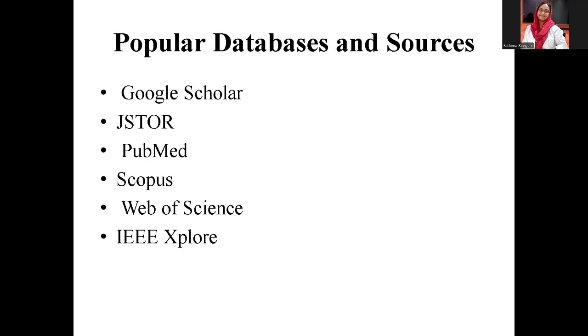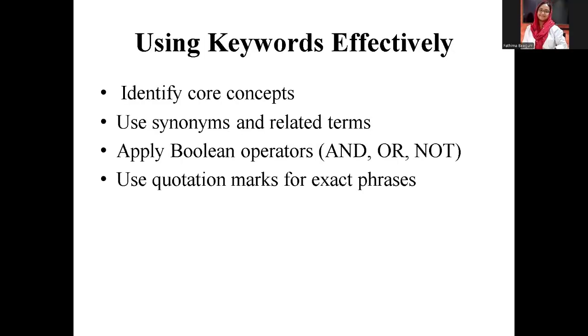Popular databases that are available are Google Scholar, JSTOR, PubMed, Scopus, WOS, that is Web of Science, and IEEE Xplore. These are the databases and sources you can use, and all of them will give you good articles related to your research question or your research hypothesis. Then comes using keywords effectively.